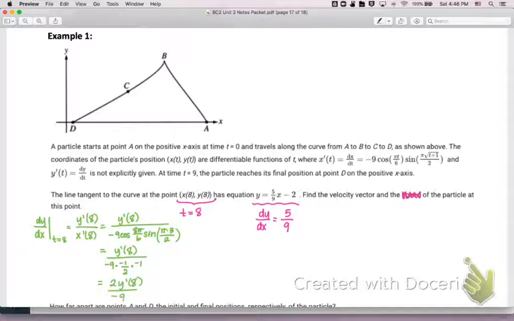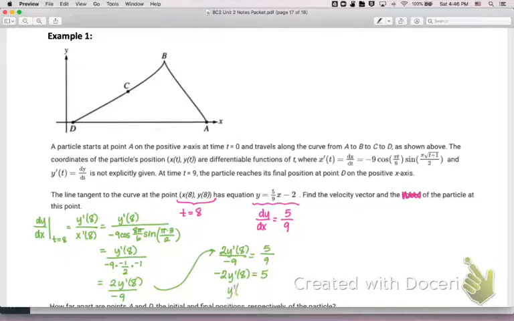What do we know about this? We know that 2 times y prime of 8 over negative 9 should equal 5/9. We know that, which means if the denominators are both 9, that means that negative 2 y prime of 8 should be equal to 5.